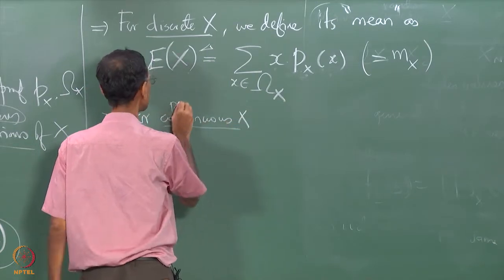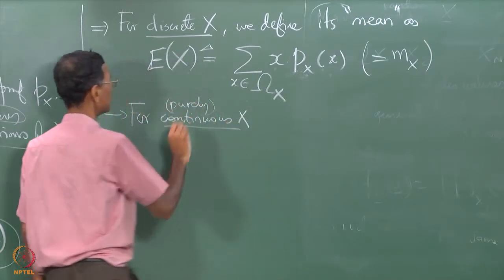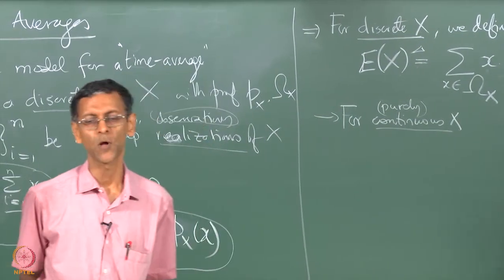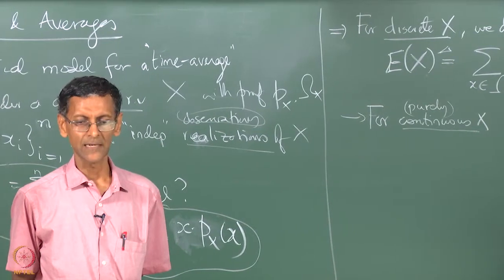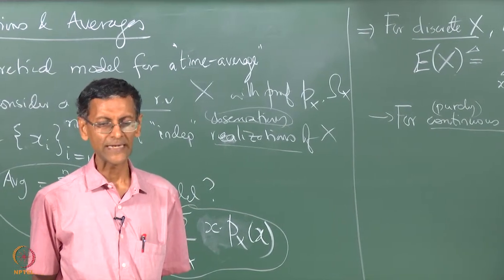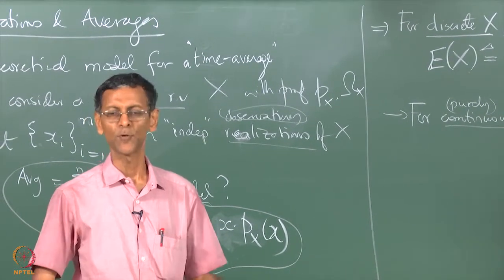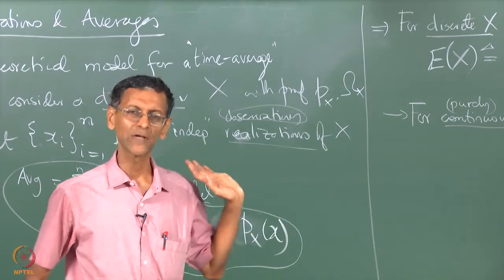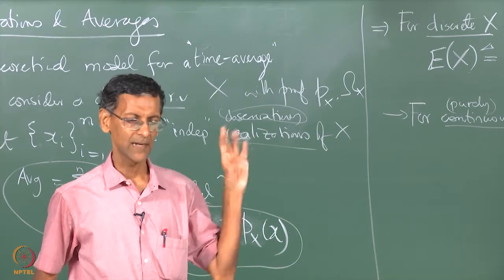I am talking of purely continuous X. For lack of time, I cannot look at the most general definitions possible here. That is the case of waiting at a traffic light, where you have finite probability at x equal to 0 and all that. I leave you to figure out how to calculate the means and other quantities for that type of distribution.